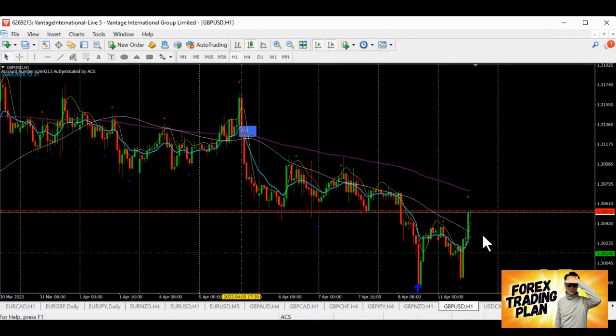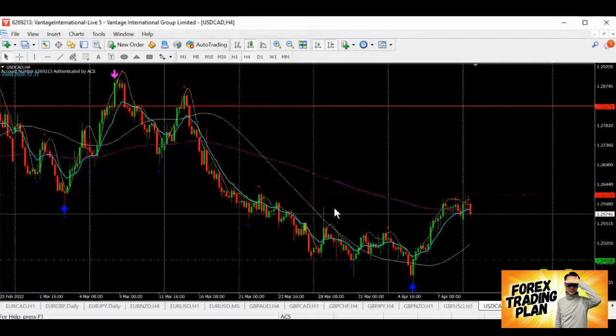We have about 40 pips of space depending on where you enter. So I'm going to put Pound Dollar into my watch list as well. It seems like Pound Dollar is going to start selling, and it seems that the dollar is getting strong.